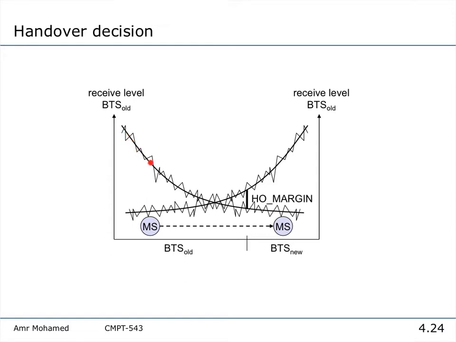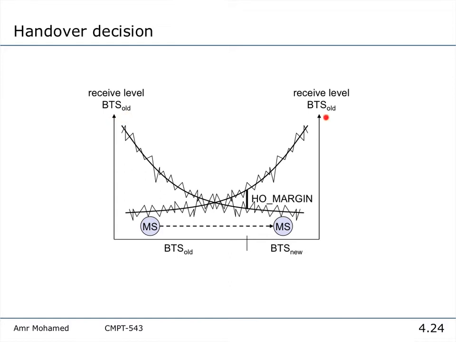Of course this measurement includes the instantaneous measurement of the channel, depending on the strength of the signal to this mobile station. But similar to what we usually do for TCP and other things, we base our decision on a moving average. So we take the moving average of the instantaneous measurements, and we use that for deciding whether we do handover or not.